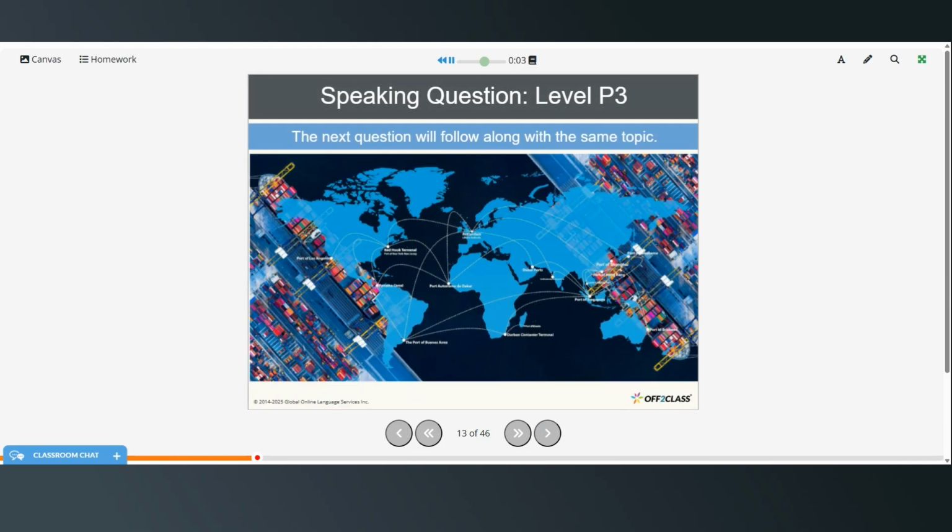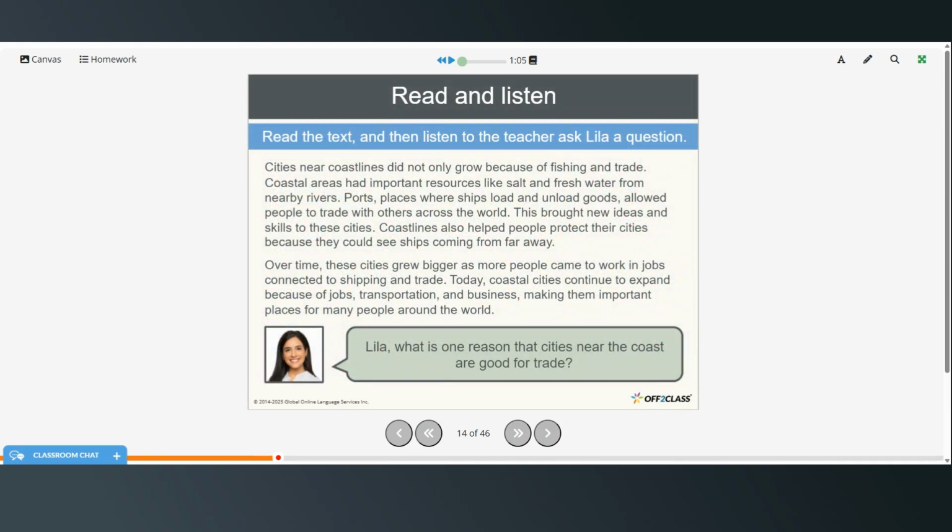The class continues learning about cities near coastlines. Cities near coastlines did not only grow because of fishing and trade. Coastal areas had important resources like salt and fresh water from nearby rivers. Ports, places where ships load and unload goods, allowed people to trade with others across the world.